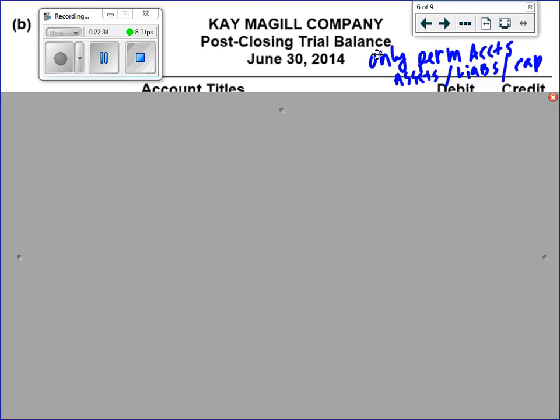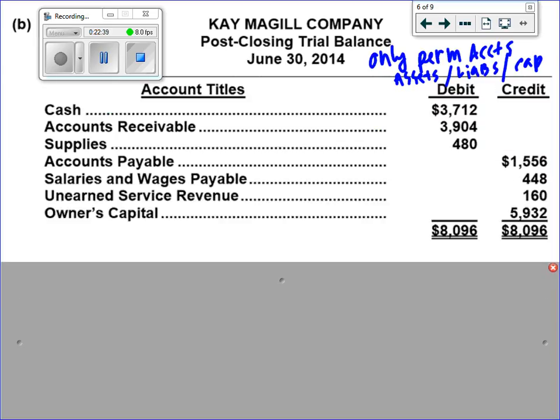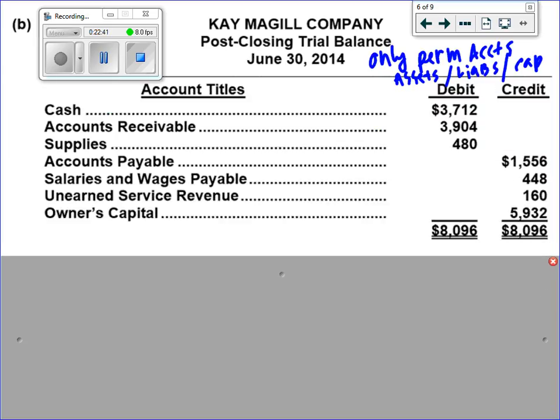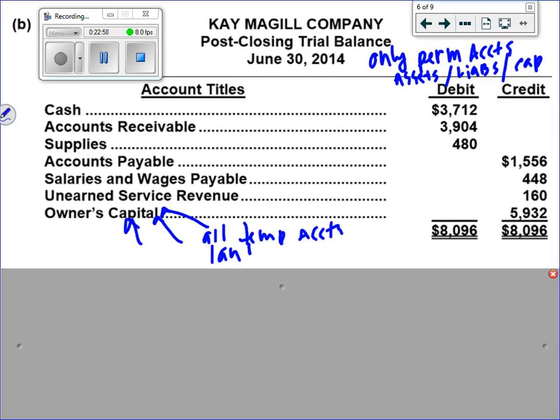Where are you getting all of this? You're pulling it from what's on page 196. The reason you do not see any revenue, any expenses or drawing is because all temporary accounts have landed here.